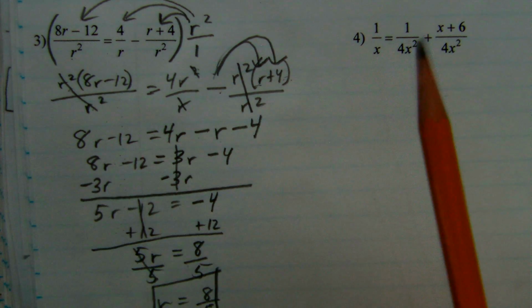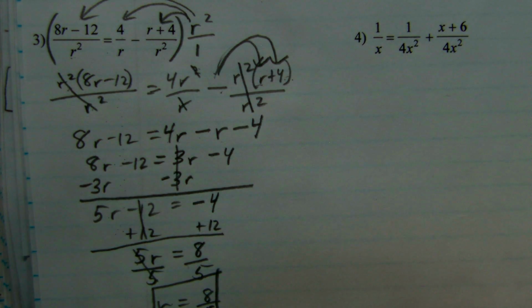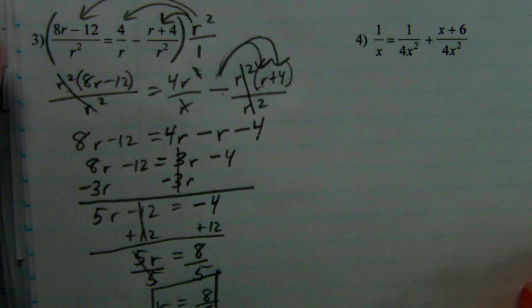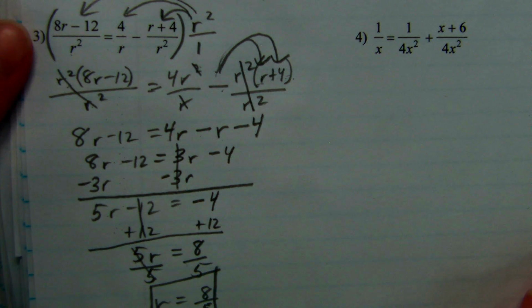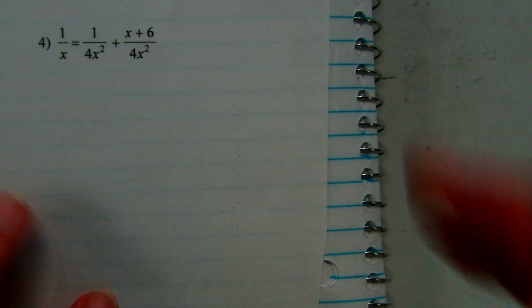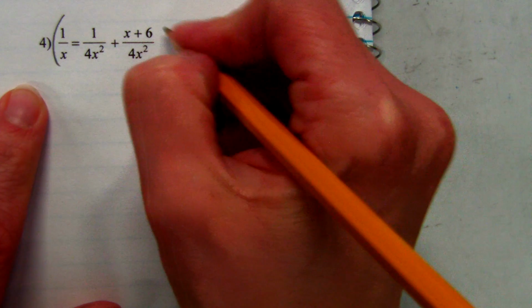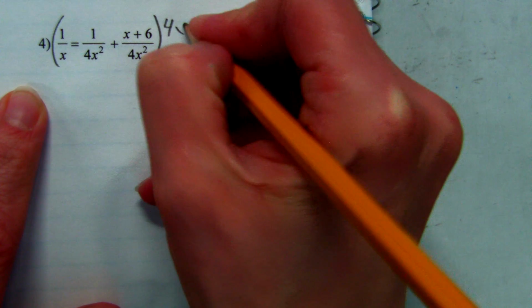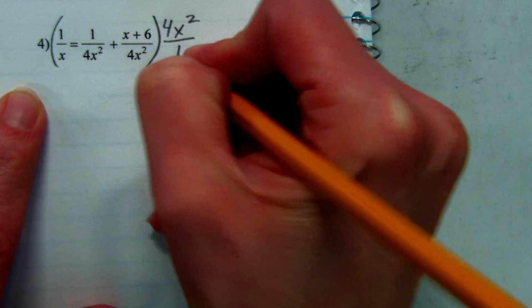So what we want to do is kind of change it back to the equations that we started doing way back in middle school so that we don't have any fractions in there. Okay? So then going over to number 4, what would I multiply everything by? 4x squared. So we want to get rid of everything, so we're going to use 4 and x and squared over 1.